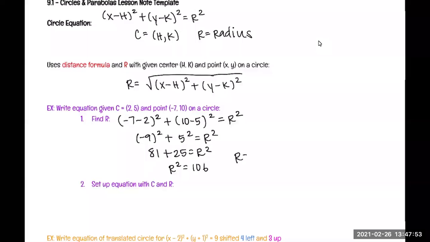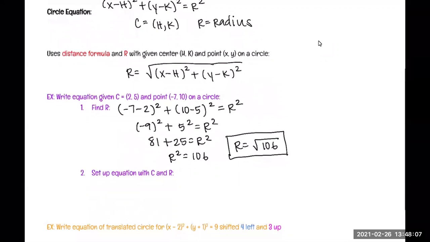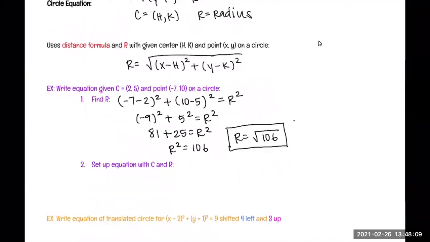So then r is equal to the square root of 106. If you're able to reduce that, you do want to reduce it if you can in radical form only, never a decimal. Okay. So radical form, no decimal.